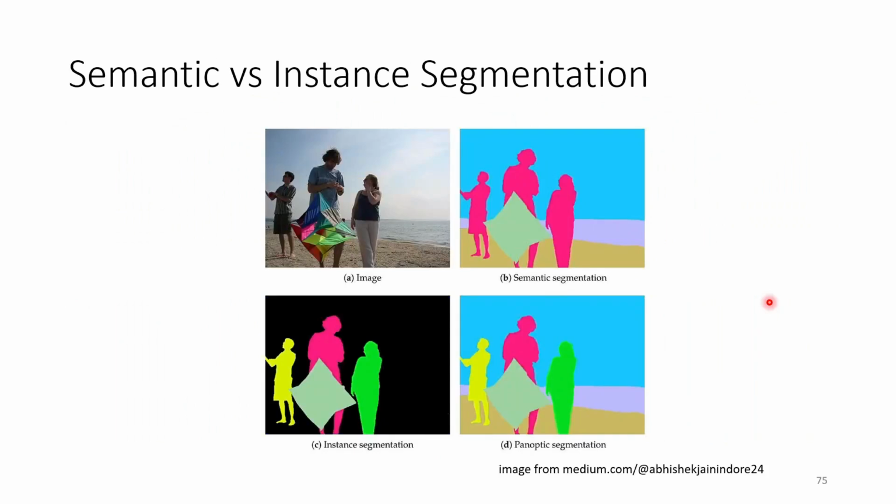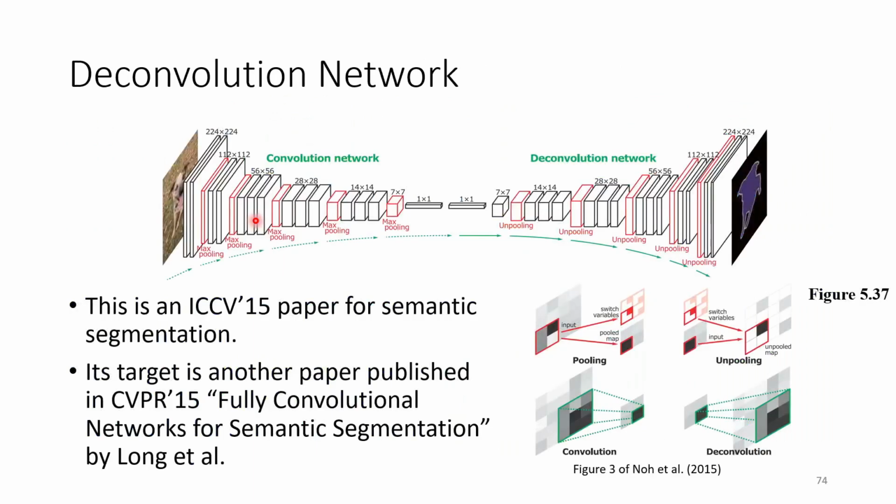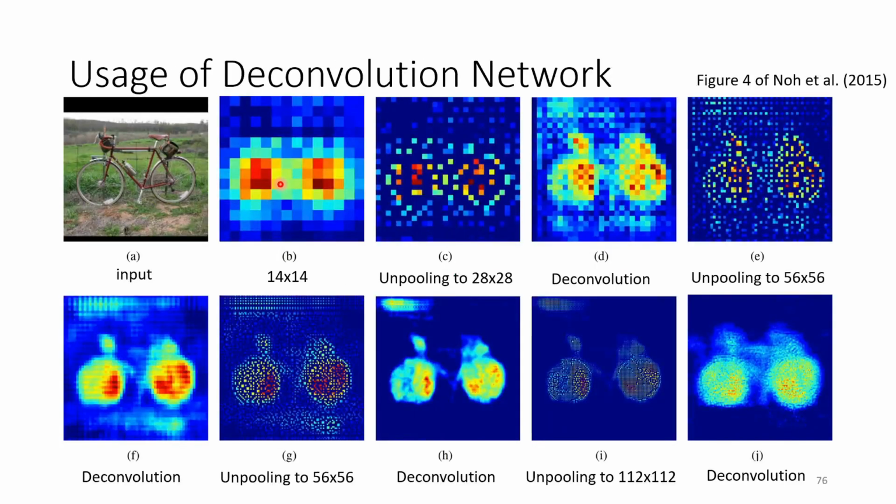So this is their input image, a bicycle, and then it goes through their convolution network, and they will generate an image of 14 by 14, looking like this. Unpooling, so they will generate an image 28 by 28, but there are a lot of zeros.